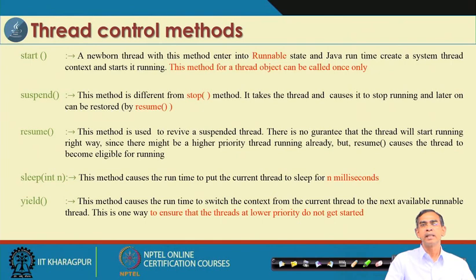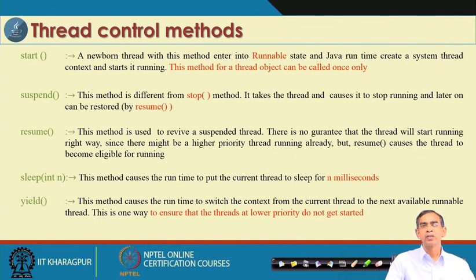Now, the resume method is basically for when the thread is in a waiting or blocked state; it can be turned into the runnable state, so that the scheduler can take threads from the runnable state and assign them to the CPU for execution. Then the sleep method explicitly says that the thread should stop here and wait for some time, n milliseconds, where n is the argument.